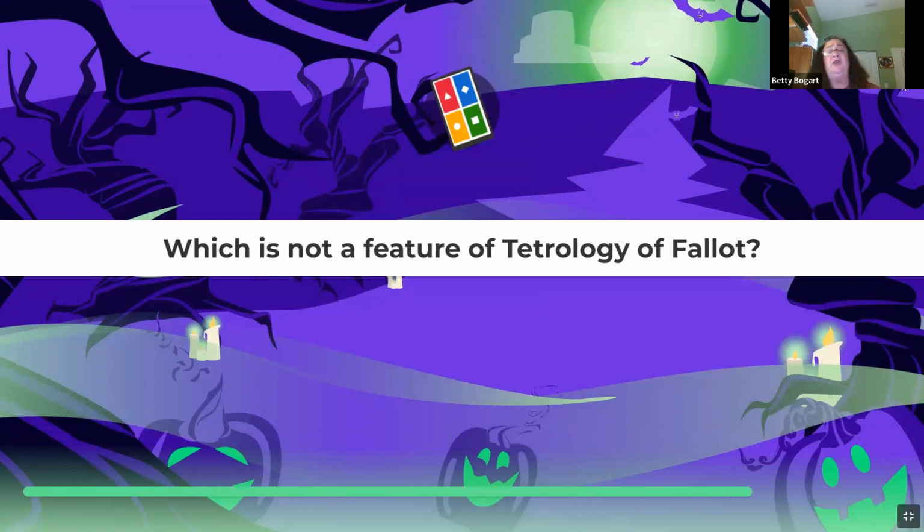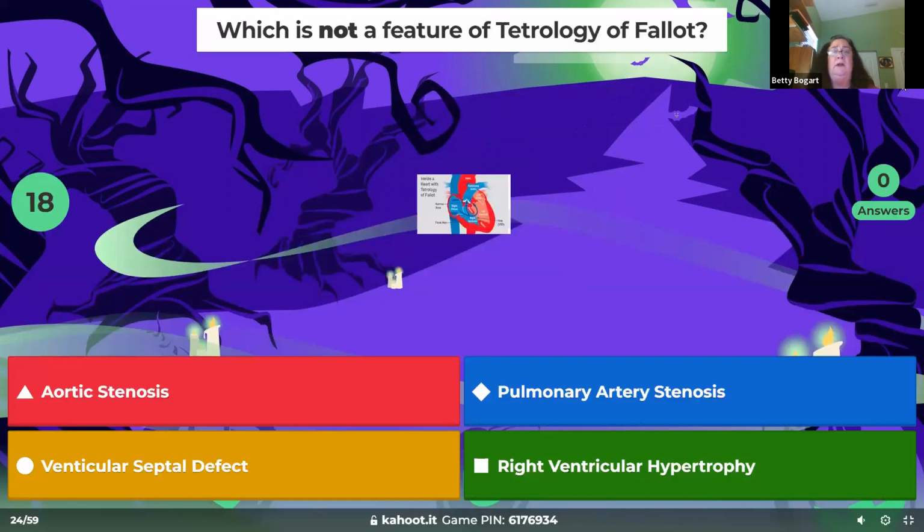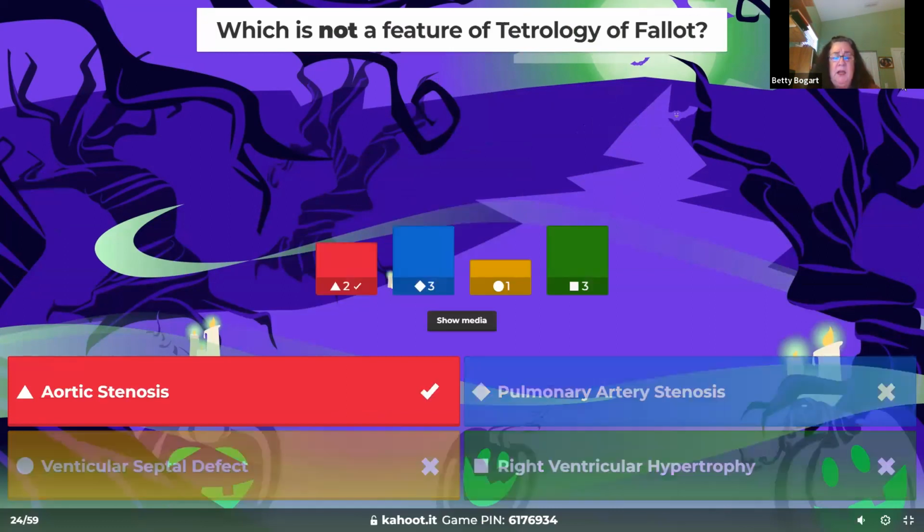What is not a feature of tetralogy of Fallot? Remember, tetralogy of Fallot is the most common cyanotic congenital heart defect. It's all on the right side of the heart. So aortic stenosis is the left side, right? So it's not that one. There's a hole between the ventricles.